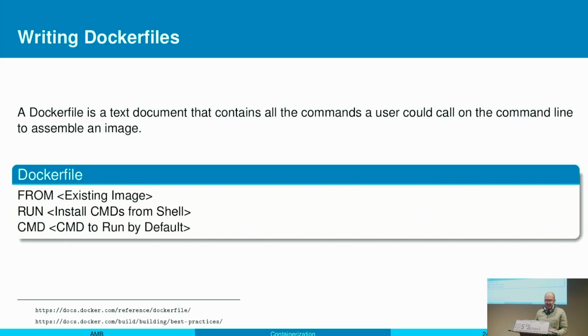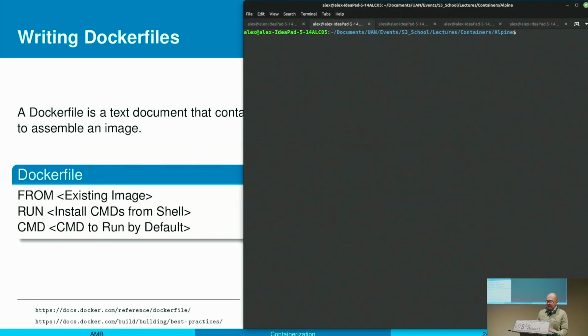We're in the part of writing Dockerfiles. As I said, these are the, let's say, three main parts. You can include many more things, but we're going to start with the basic Dockerfile.